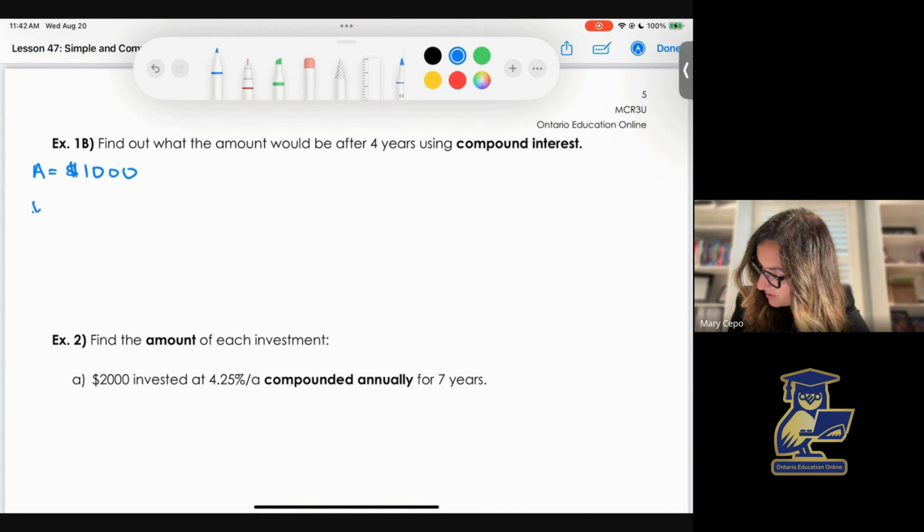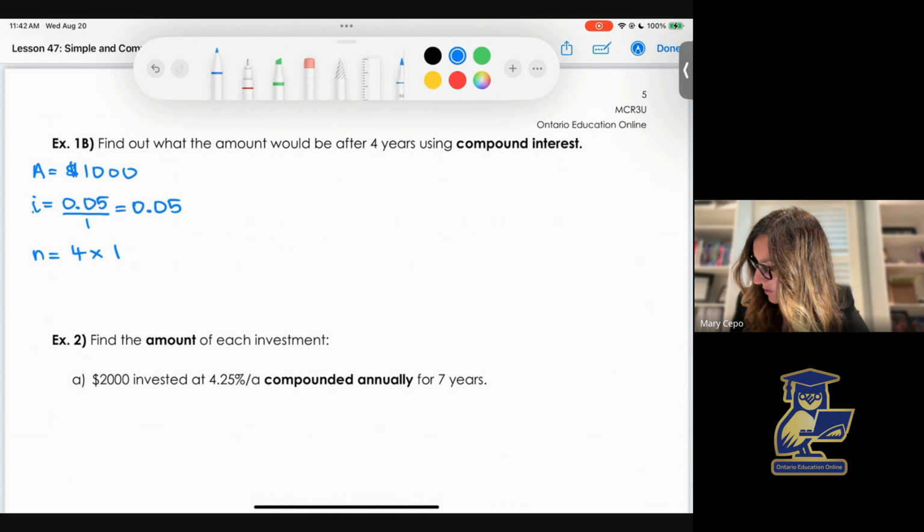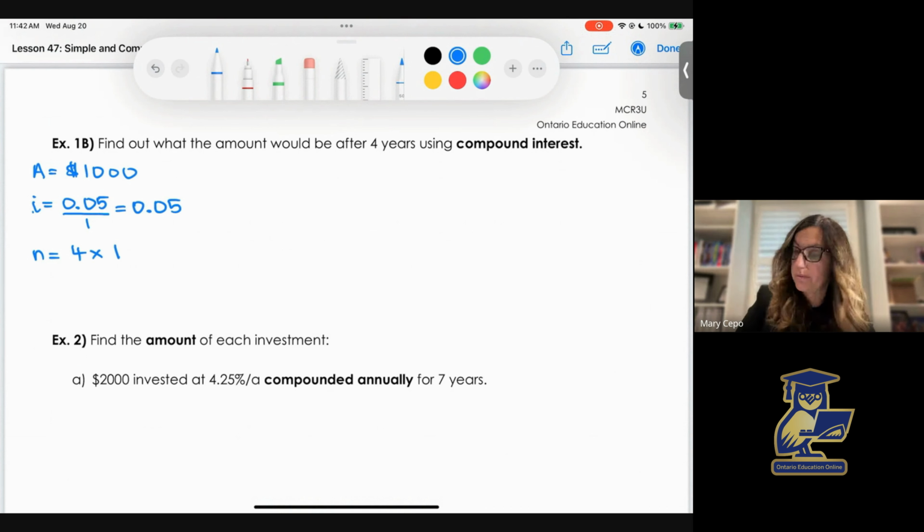We know the interest rate was 5%, so 0.05, and it's compounded annually, so n is 1, which gives 0.05. And then we also want n, the number of years. In this case, it would be 4 times 1, because it's annually.